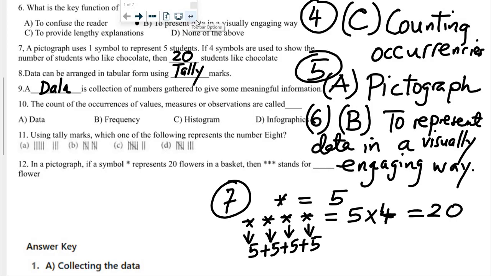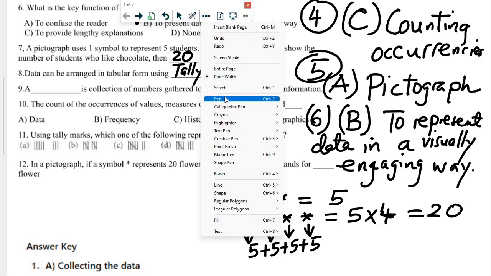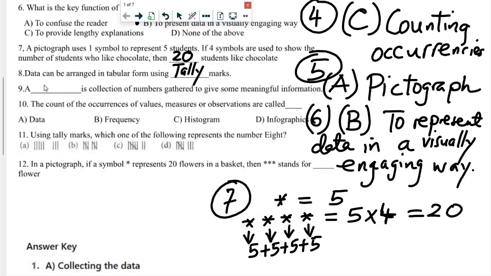Data is a collection of numbers gathered to give some meaningful information.